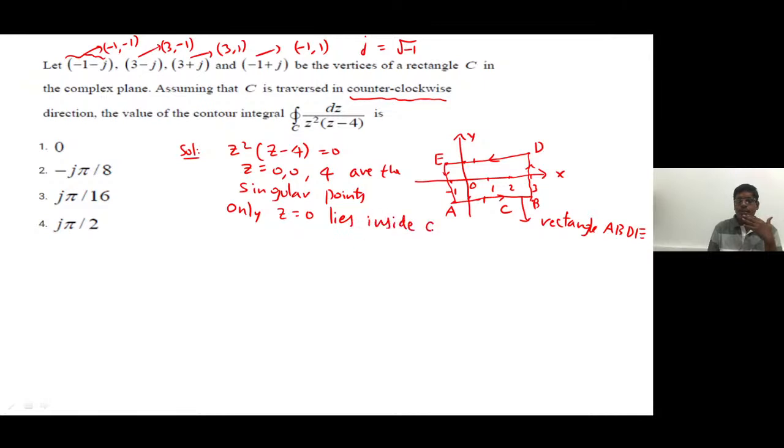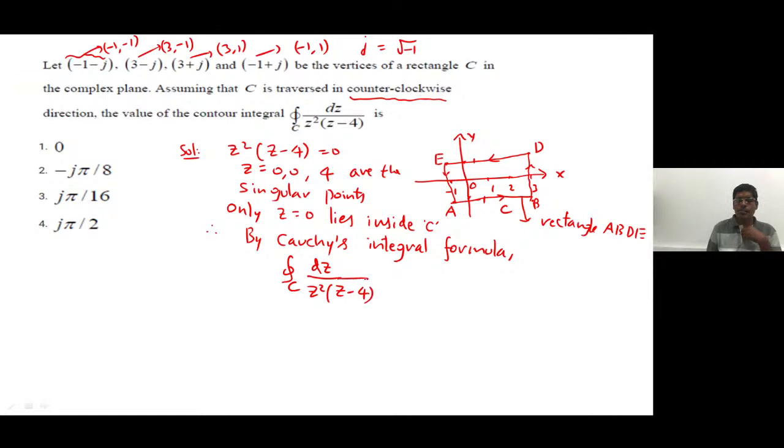inside C. So therefore, by Cauchy's integral formula, or you can apply the residue theorem, Cauchy's residue theorem, the integral over C of dz by Z square into Z minus 4 can be expressed as the integral over C. Z minus 4 is a factor you can put in the numerator, because the singular point's corresponding factors should occur in the denominator only.